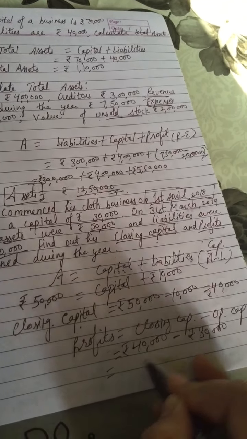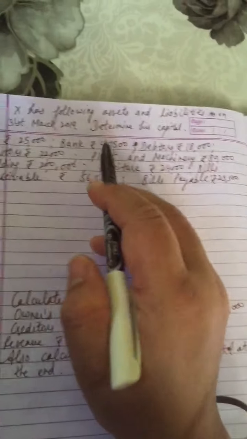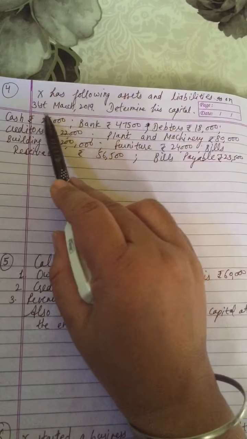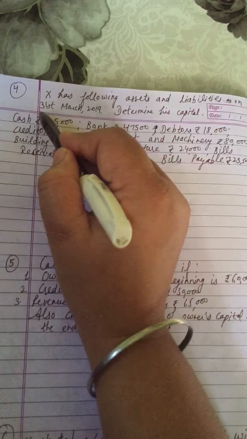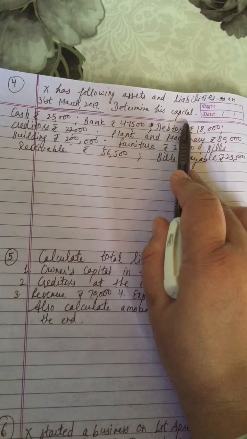So we have profits of rupees 10,000. Okay. Next question is, Miss X has following assets and liabilities on 31st March 2019. That means closing date. Determine her capital.